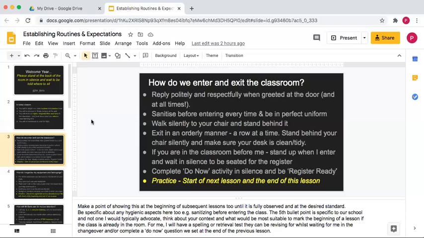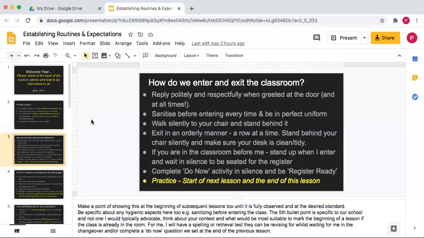As they're waiting, I'm going to provide probably a do now question or activity at the end of the previous lesson, which can then be completed whilst they're waiting, and they can continue during the register as well. Or equally, it could be that I'll give them time to prepare or have a look over information they might need for some kind of spelling or retrieval quiz or test as well.